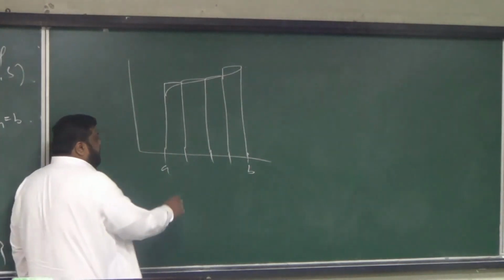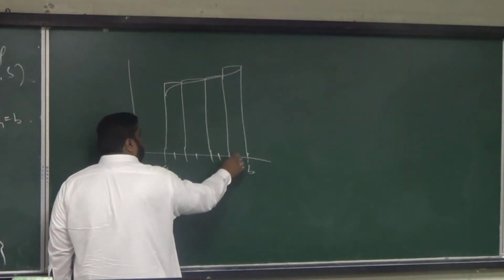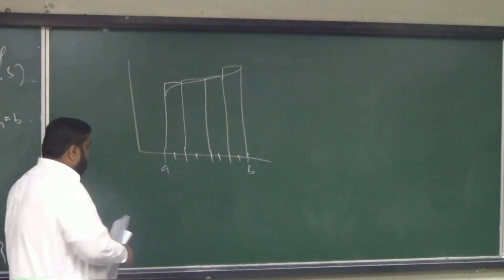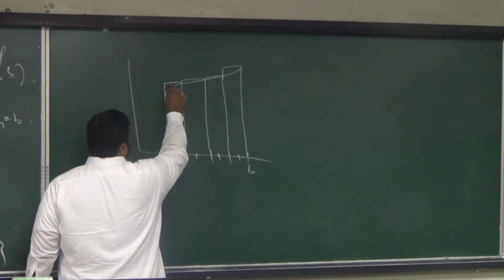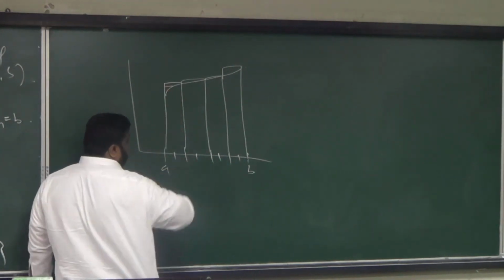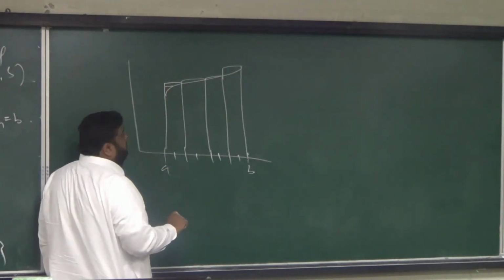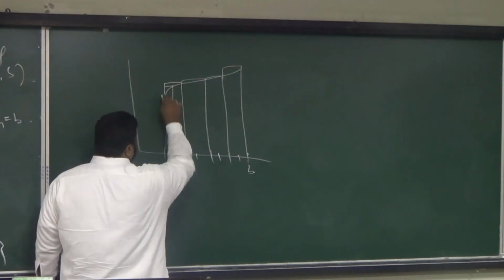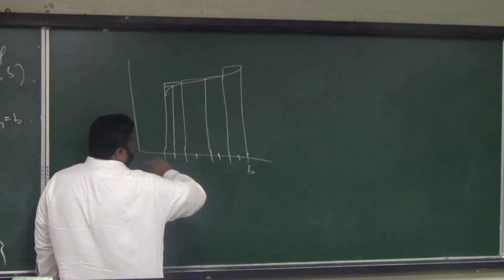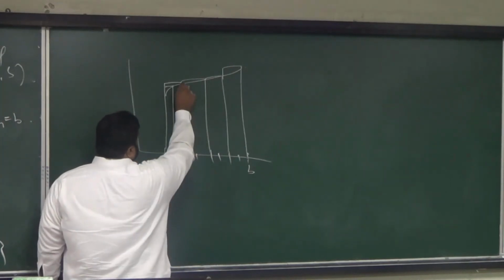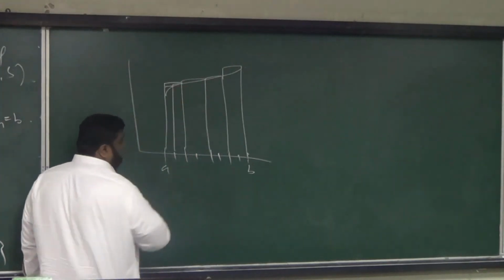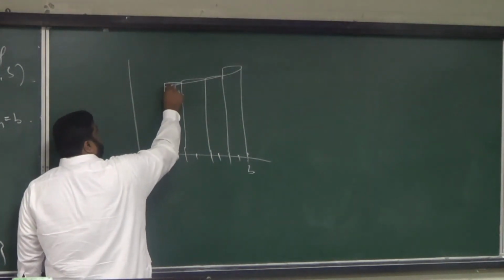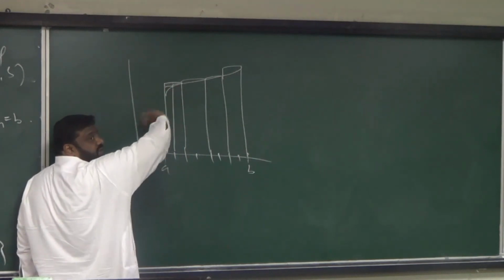And now just think about it, if I refine the partition, what's going to happen? In this interval you have this as the supremum, and hence you're going to have this rectangle. And how about this interval? This is going to be the rectangle. So what happened now? Now this part is removed.